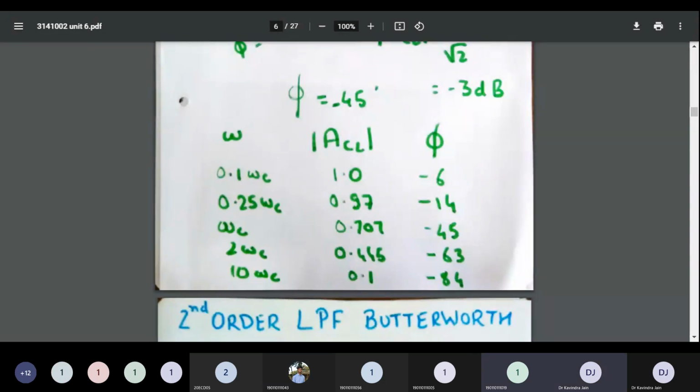Yes. For 3000, gain is 0.632, and magnitude, that is 20 log, is minus 3.97. Yes. So what is the difference now?